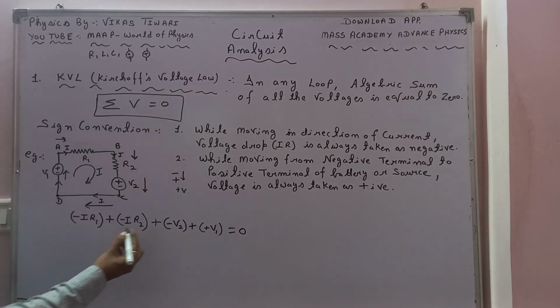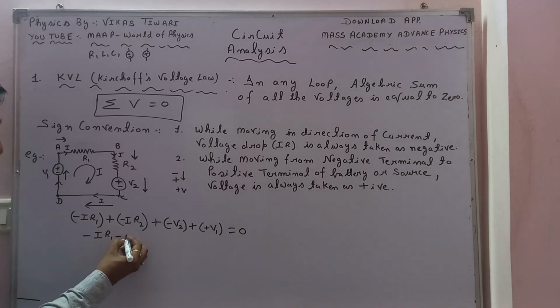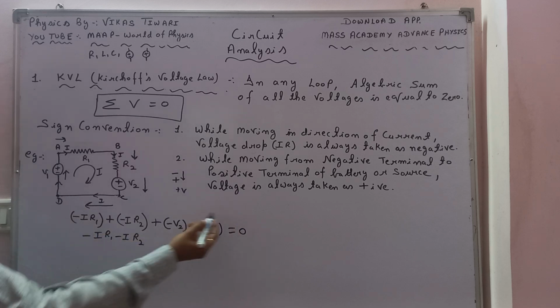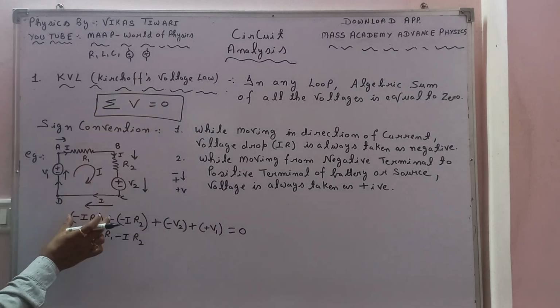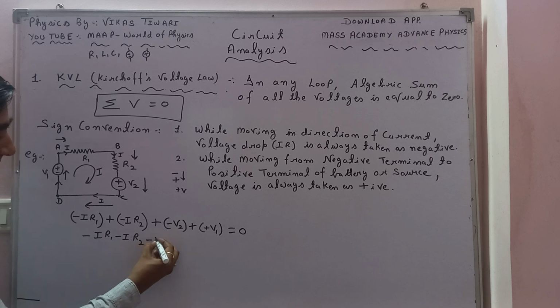So what I can write now is like this. Now it is completely simple mathematics. Minus IR1 minus, this is only the application part. The application part of KVL is just one line. Another thing is only mathematical calculation.